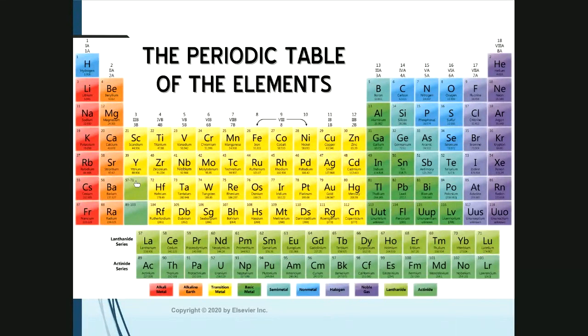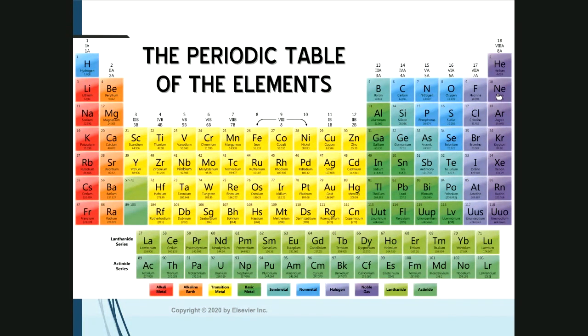It says there's 7 periods, which means side to side. So 1, 2, 3, 4, 5, 6, 7 periods. And there are 8 groups or 8 columns. So you have 1, 2, 3, 4, 5, 6, 7, 8. Okay, so those are the groups from top to bottom, and side to side, those represent the periods.